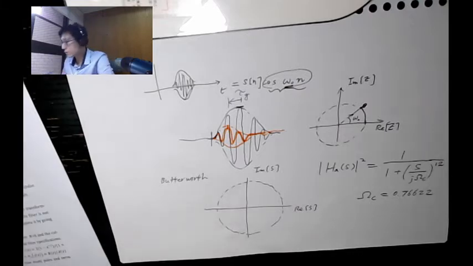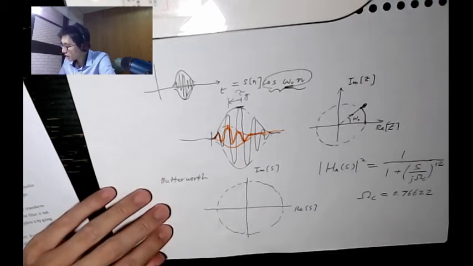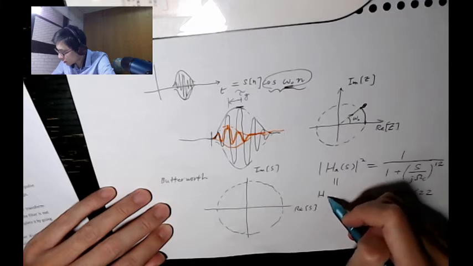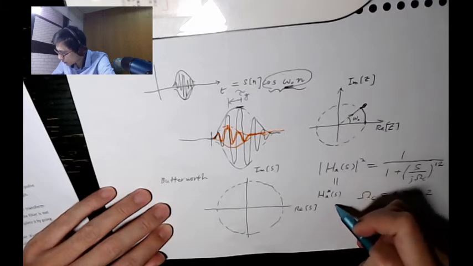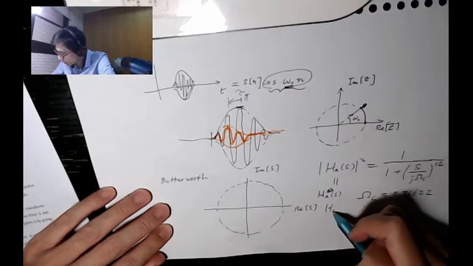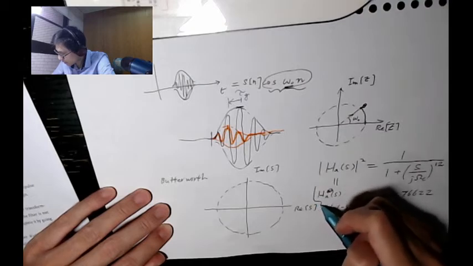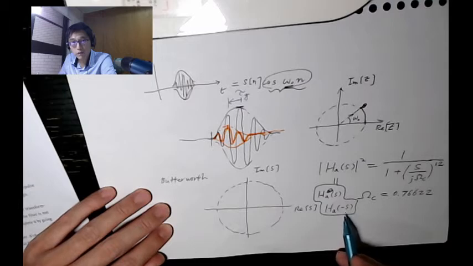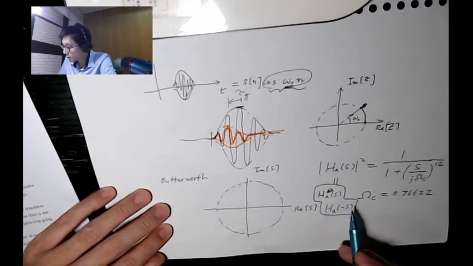So the magnitude squared is equal to HA of S multiplied by HA of minus S. The reason is that when we change to a negative frequency, the complex transfer function is conjugated.